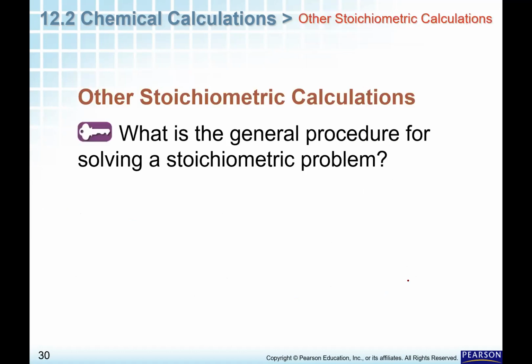It doesn't matter. So other stoichiometric calculations: we did moles to moles, we did mass to mass. What is left? Remember that any measurement is basically count, volume, and mass. So we're going to use the counts and the others.